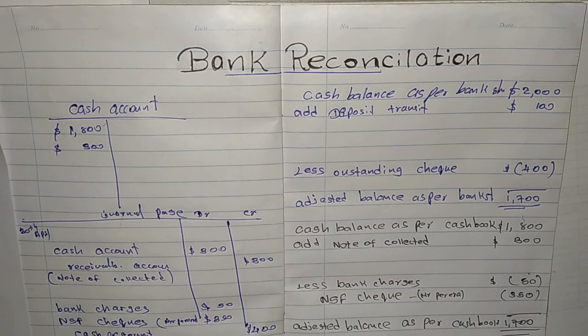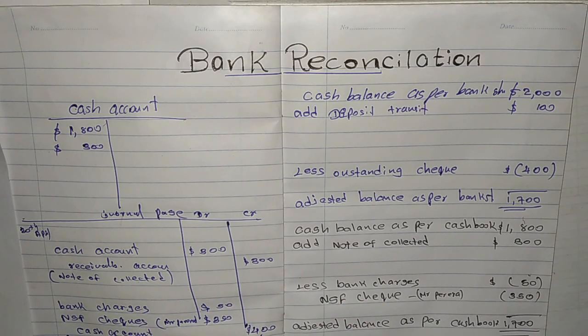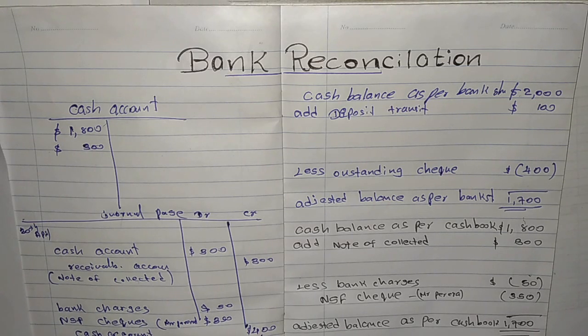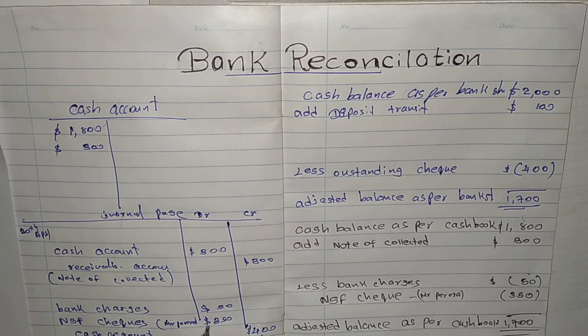That customer still owes us money, so we are going to debit our accounts receivable for Mr. Pereira $350. Then we are going to reduce our cash account by these two numbers, a total of $400, and we are going to post this journal entry.